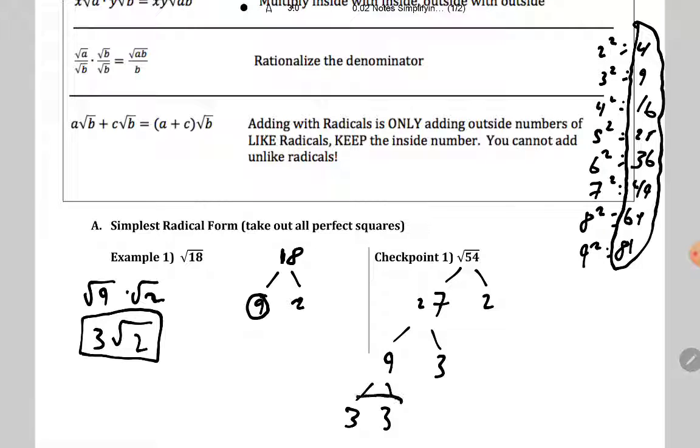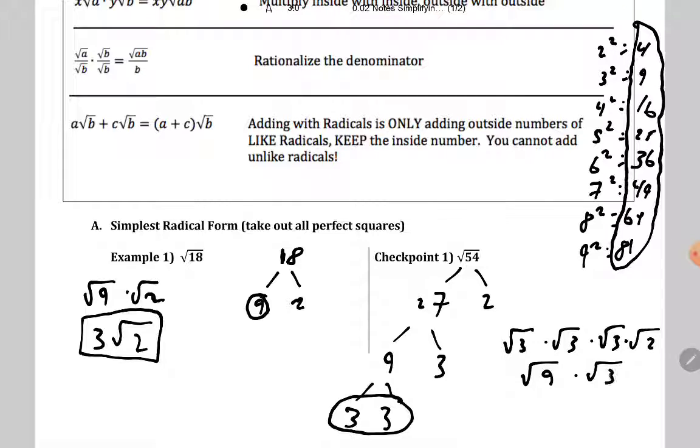So I'm taking a pair here, a pair of 3s, and one way to look at it is this. Square root of 3 times square root of 3 times square root of 3 times square root of 2. So I'm taking all my outside numbers here. These two become square root of 9 times square root of 3 times square root of 2. So we know that the square root of 9 is 3. And then square root of 3 times square root of 2 is the square root of 6. So 3 square roots of 6.